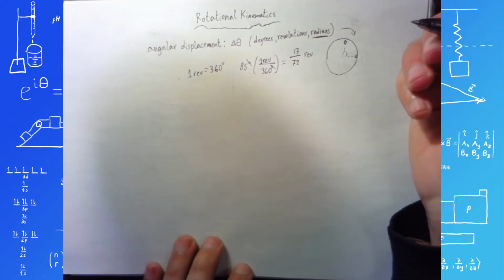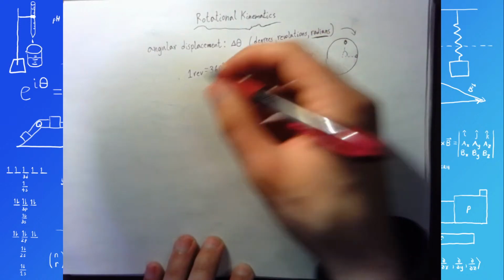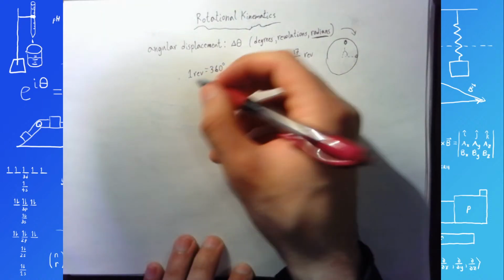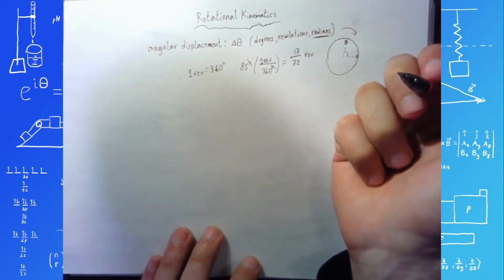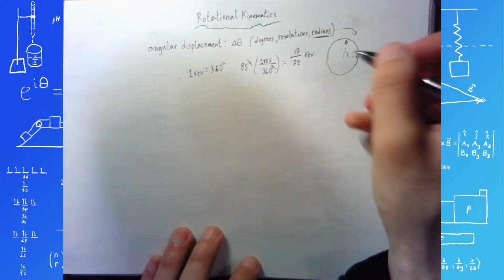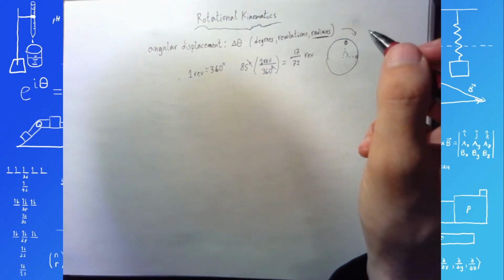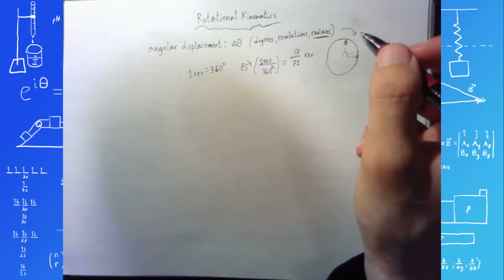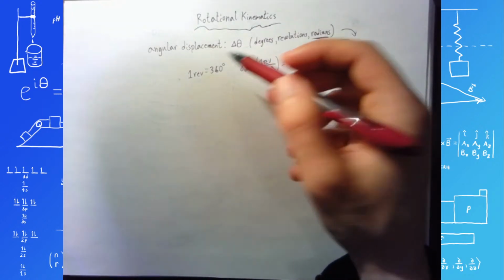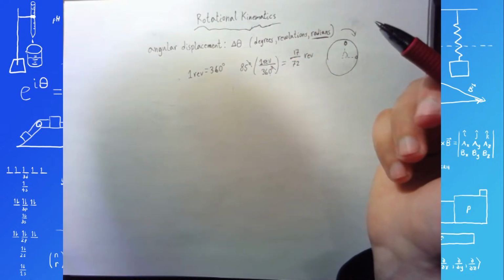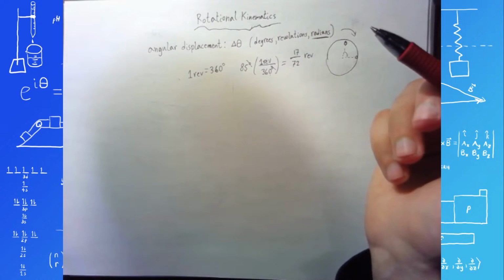Okay, and then what are radians? For those who haven't done pre-calc and trig, radians are just a way to define angles in terms of real numbers that don't depend on this number 360. 360 degrees is kind of an arbitrary choice.